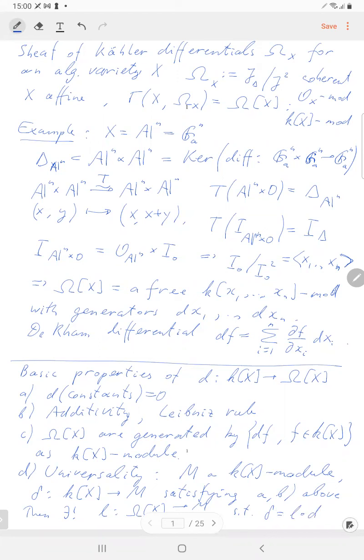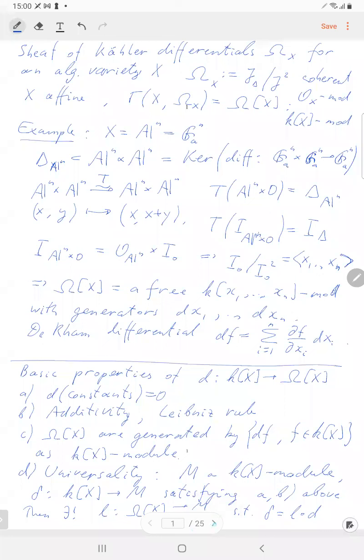Okay, so Kähler differentials are a solution of some universal problem, and for this reason they are well defined, uniquely defined. They are natural. Okay, so let's prove this.